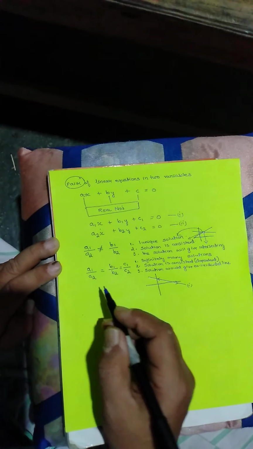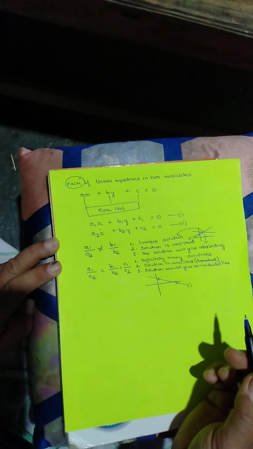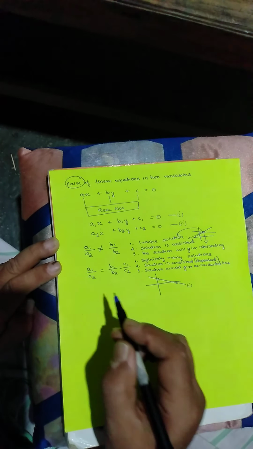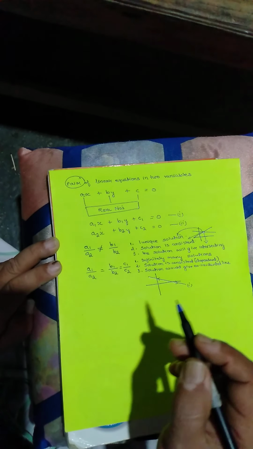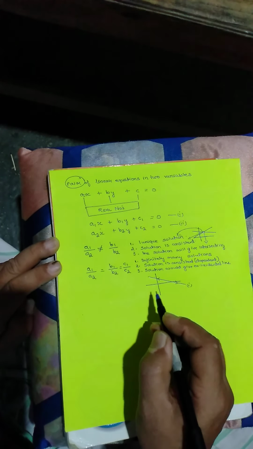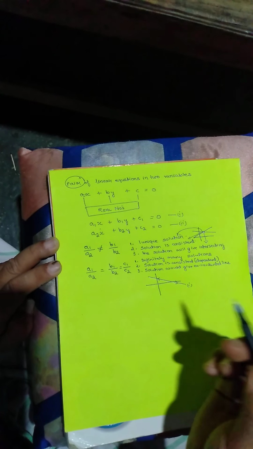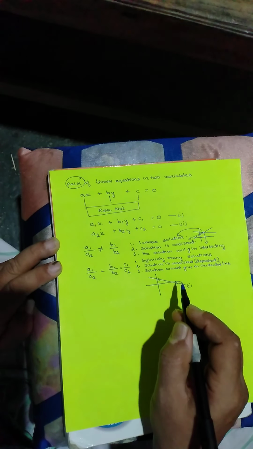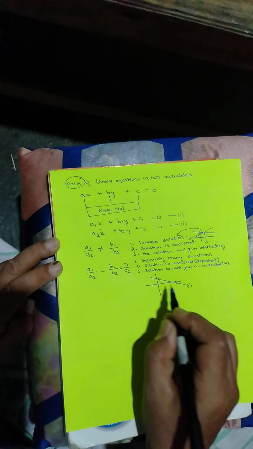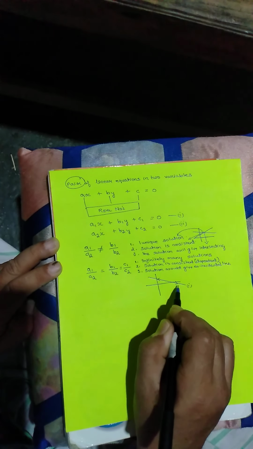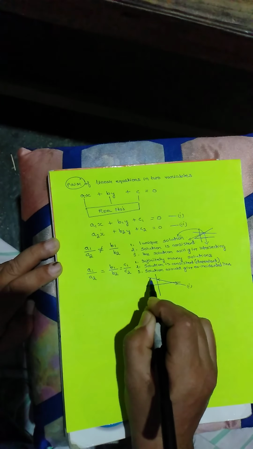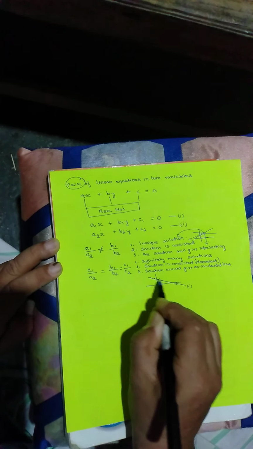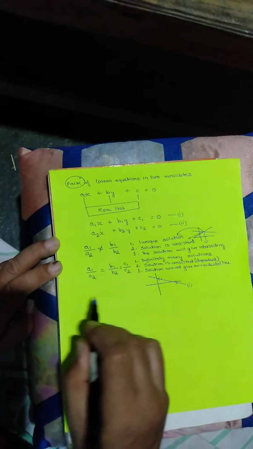If you have one value of x, you would have another value of y. If you have one value of y, you would have another value of x. You keep on changing the values, then you will have a different value of the other variable. So that is why it is called infinitely many solutions, and the lines would be coincidental. It could be here, here, here, any point along that line.